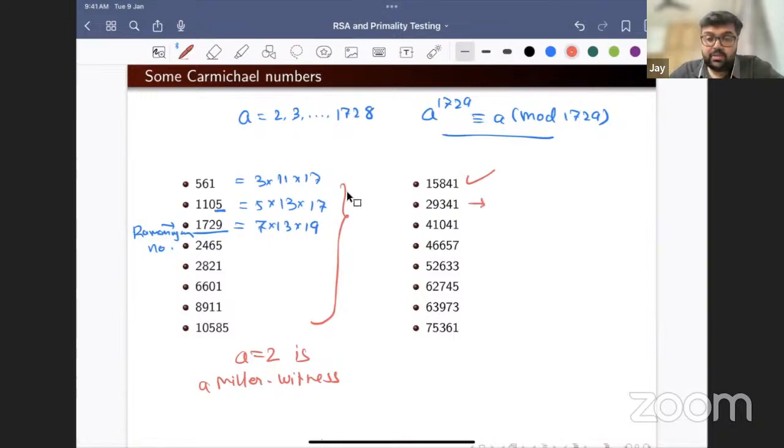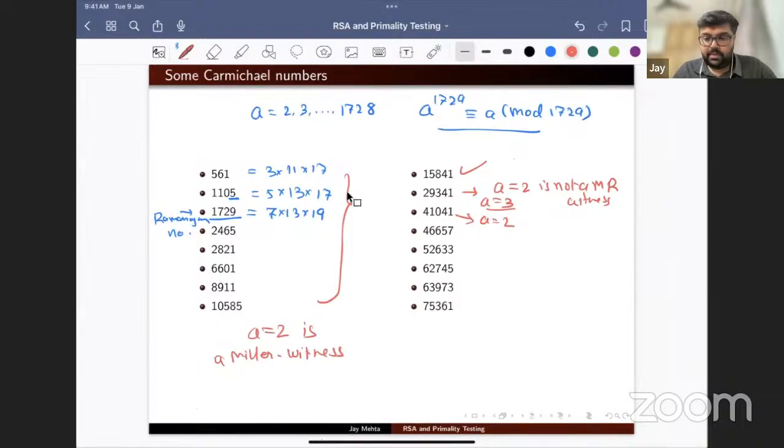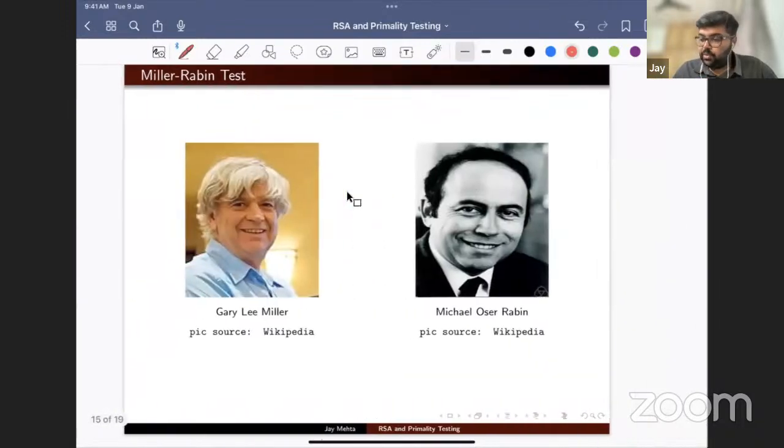Using programming, I checked this is the first number where a equals 2 is not a Miller-Rabin witness. For this one, I got a equals 3. So this is how the Miller-Rabin test is very efficient in testing whether a number is composite or not.